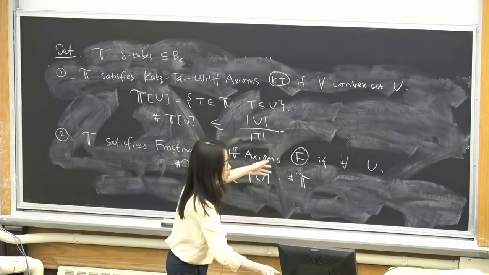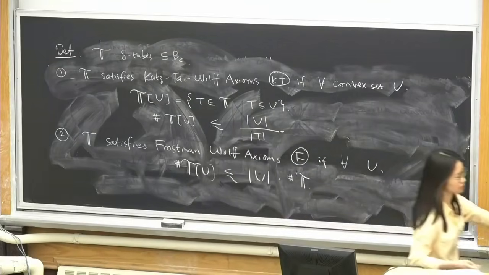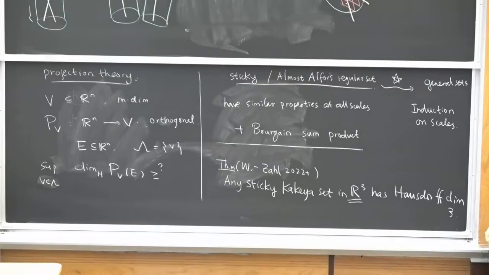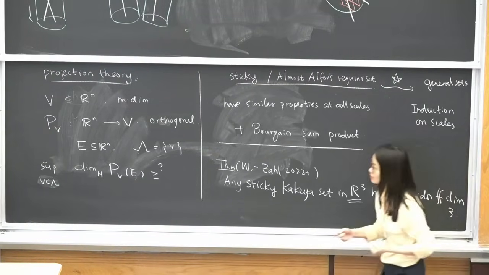So both definitions rule out this enemy example that the tubes are entirely contained in some slab, so many tubes are contained in a slab.